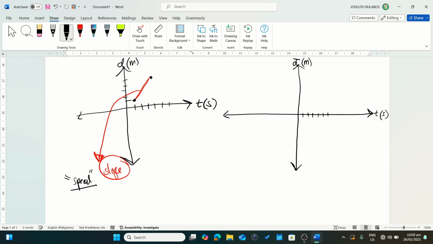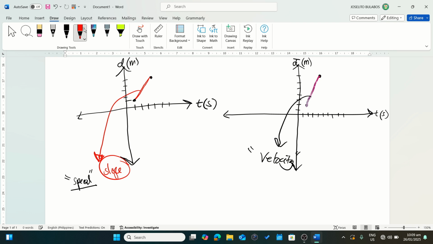If we try to graph this one, just for the sake of this example, let's say we start here and end up here. If I draw a straight line that connects these 2 points, that is what I call velocity.